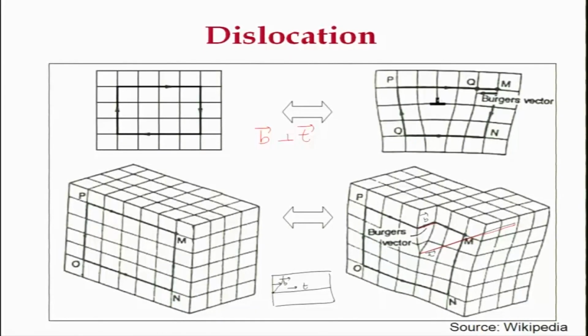In the top view, this is an extra step B, and here it would be parallel. So B is parallel to T. These are the two kinds of dislocations present in materials, but in real life they do not exist in pure form.